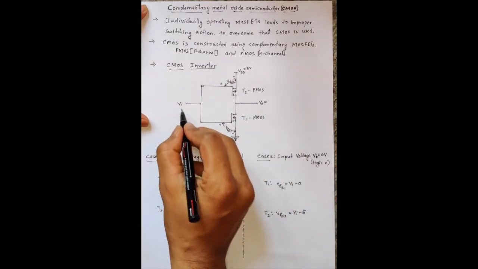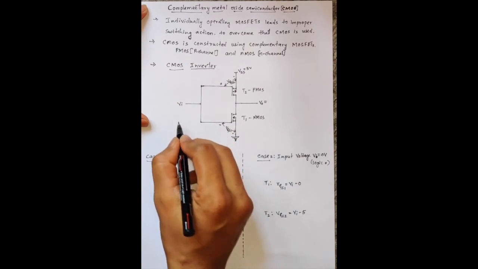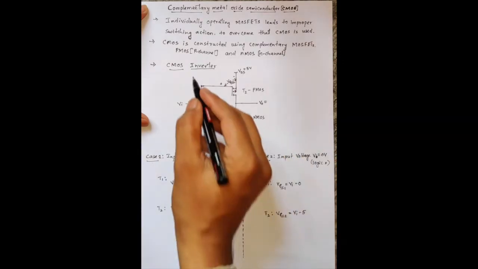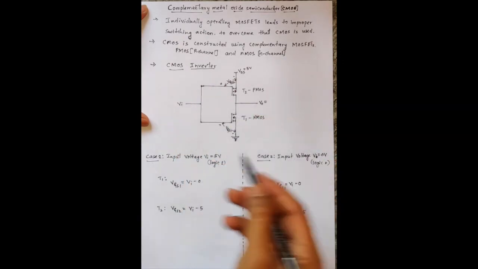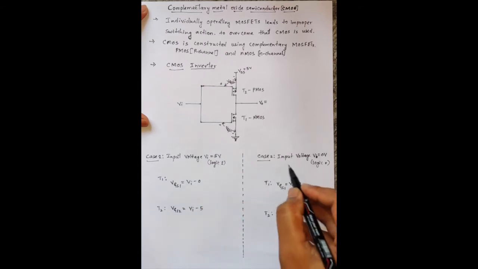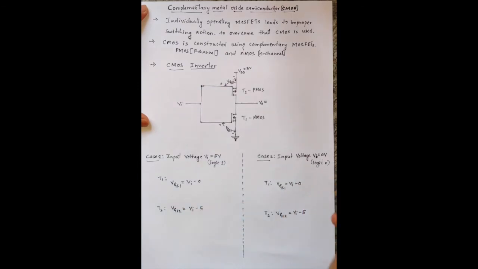If I provide V in as 0 volts, logic 0, the output should be 5 volts, logic 1, since it is an inverter. We'll see the operation in both cases, when the input voltage is 5 volts and when it is 0 volts, that is logic 1 and logic 0.